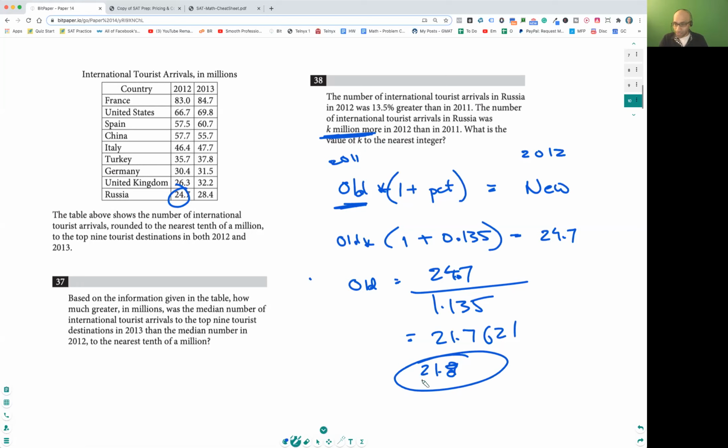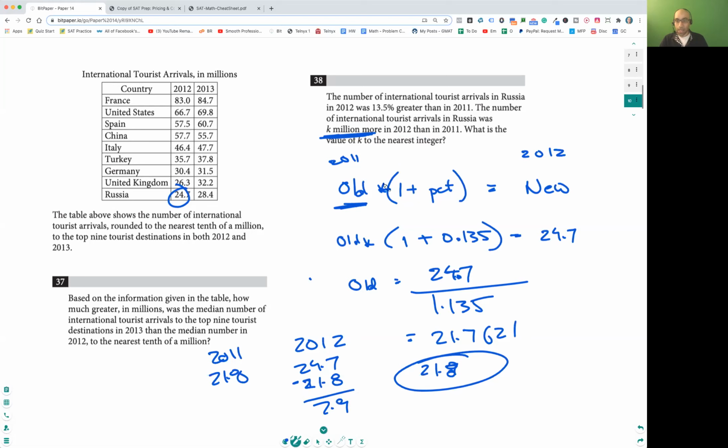So subtract it. In 2011 it was 21.8, and 2012 is 24.7. So just subtract: 24.7 minus 21.8, and roughly you're going to get a value very close to 3. They're asking you for the nearest integer, so this is not the easiest one. Yes, it's 2.9, I read it clearly.